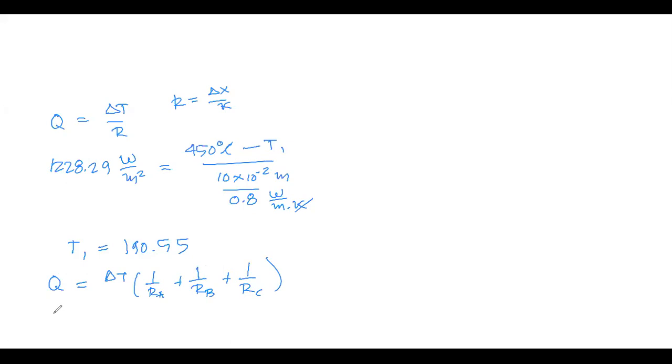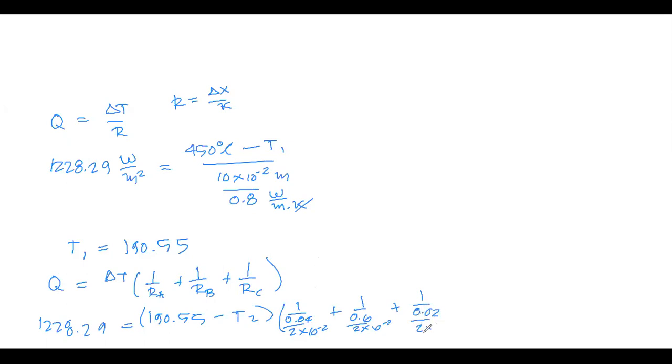So substitute again: 1228.29, and this is now our temperature, 190.55 minus T2, in parentheses. Here we put delta X over K. Our delta X is 0.04 divided by, all of them are 2 cm, so 2 times 10 to the minus 2, plus 0.6, 2 times 10 to the minus 2, plus 0.02, 2 times 10 to the minus 2.